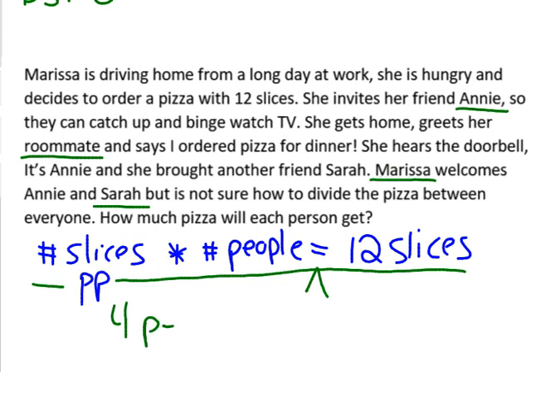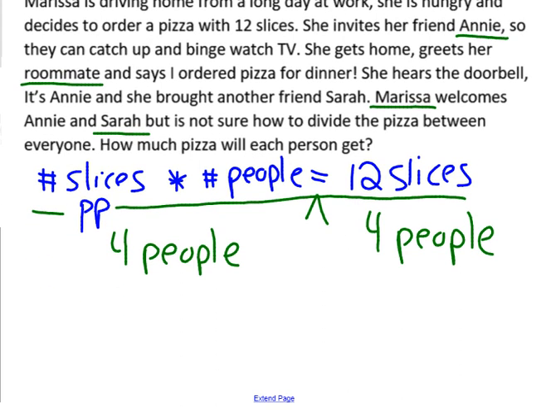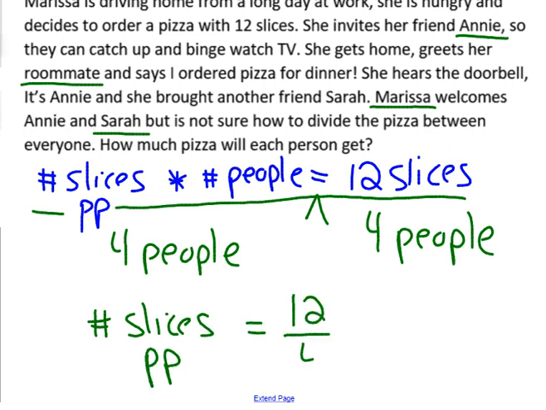So divided by 4 people. So we'll get the number of slices per person. We get 12 divided by 4. And that'll give us 3. So that is also an integer. So we are good on that.